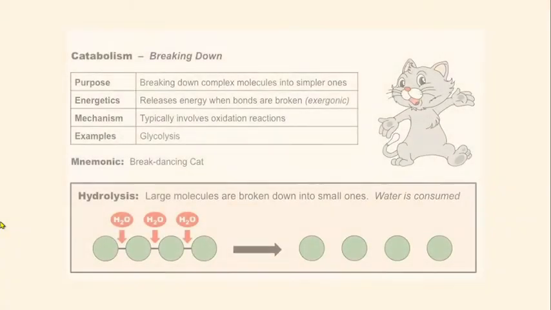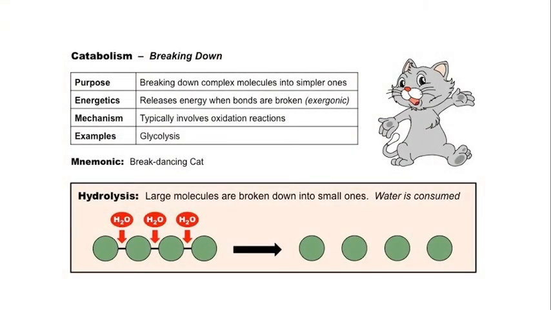All right, and another picture for you: catabolism, breaking down. So the purpose is to break down complex molecules into simpler ones. So the mnemonic here, I love this mnemonic, break dancing cat.